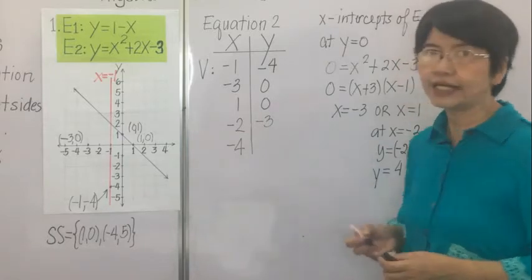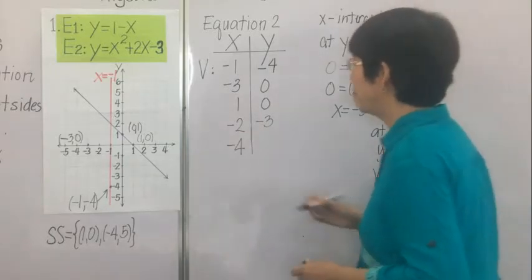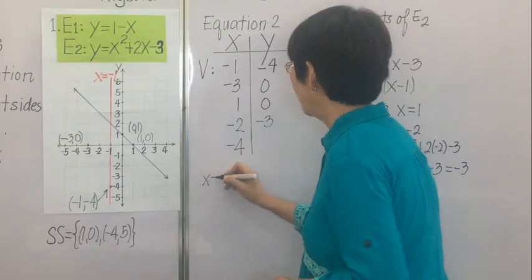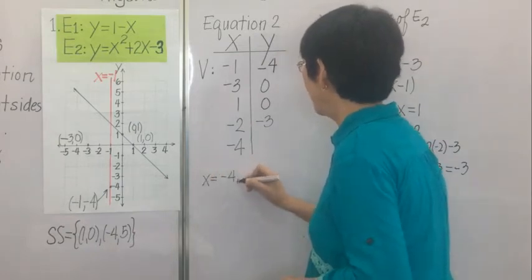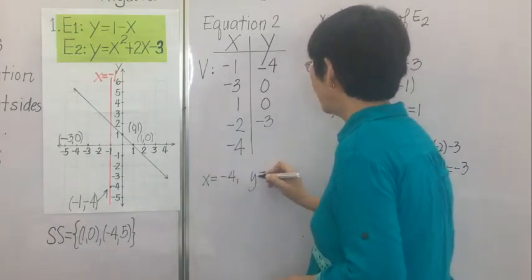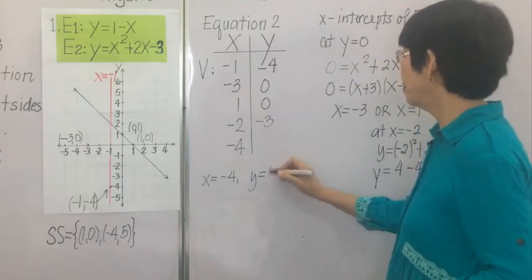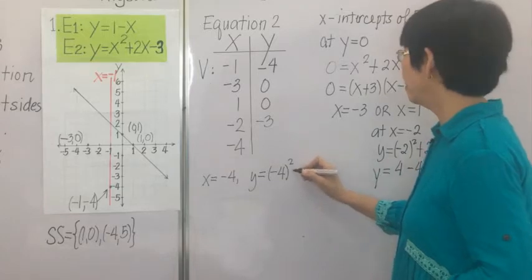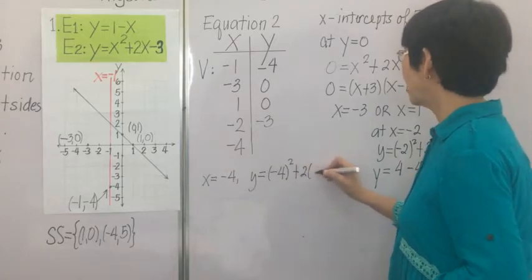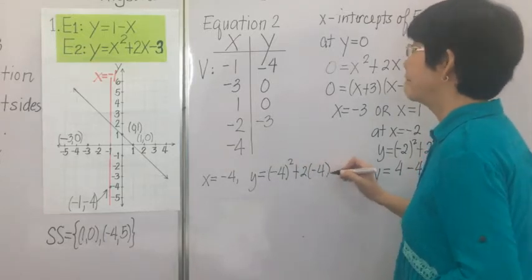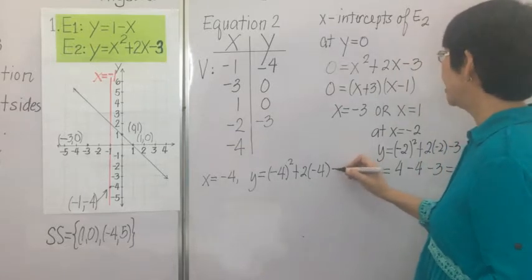And then at x is equal to negative 4, we have y equals negative 4 squared plus 2 times negative 4 minus 3.